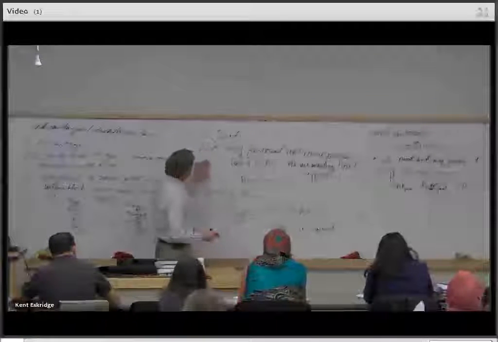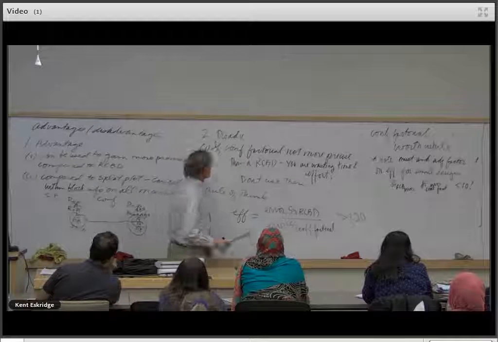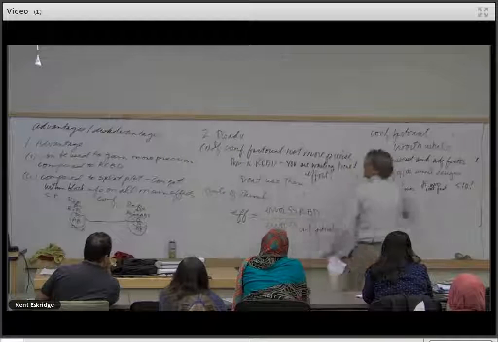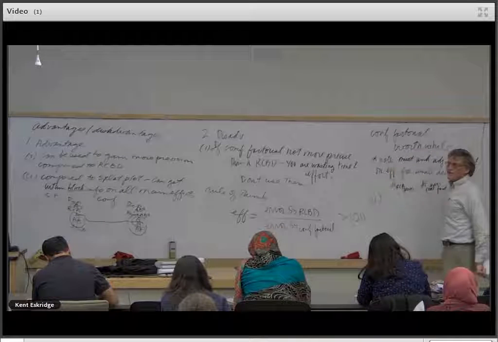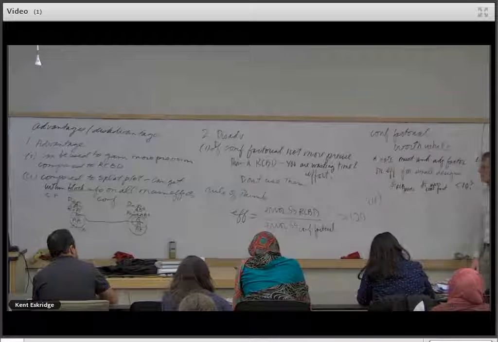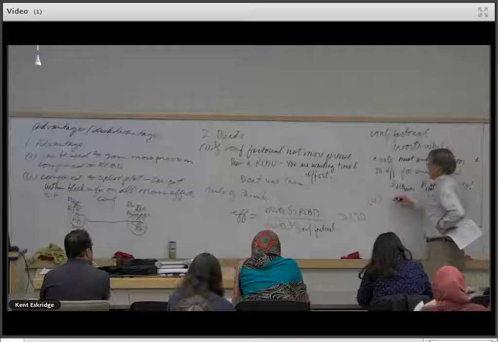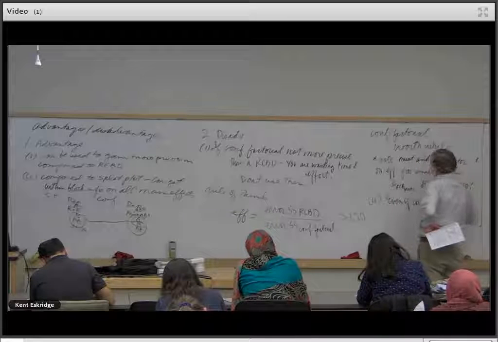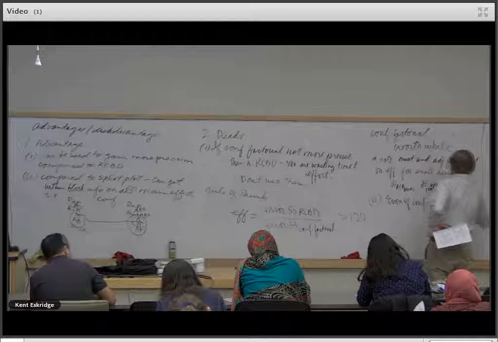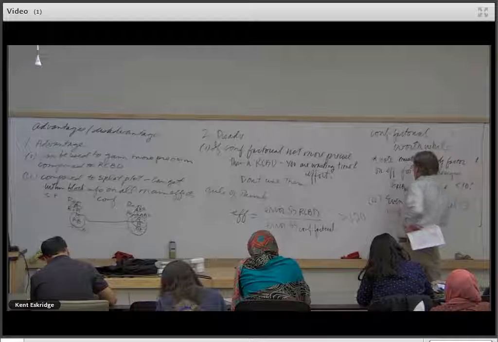So if the confounded factorial is not more precise, you're wasting your time. Not only that, even if it is more precise, what are some of the other disadvantages of this? Even if the confounded factorial is more precise, what are still the problems?